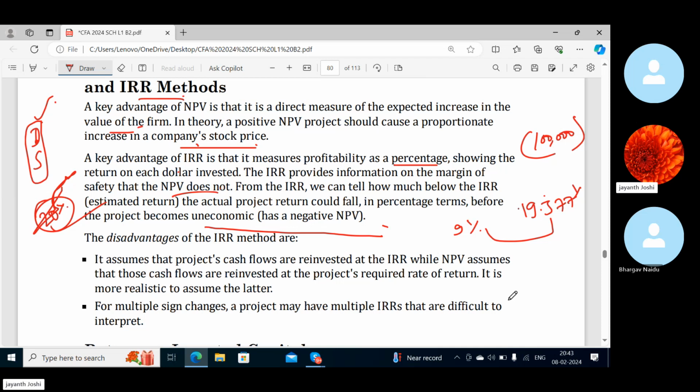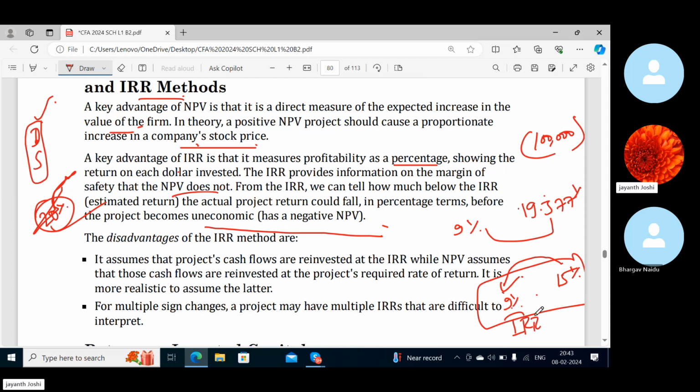Let's say your IRR is 9% and the hurdle rate is 15%. That means at this you are getting 0, and at this you will get negative NPV. So how much the return should fall for you to get a positive NPV, that you can understand with the help of this particular concept, because now your IRR is 9%.